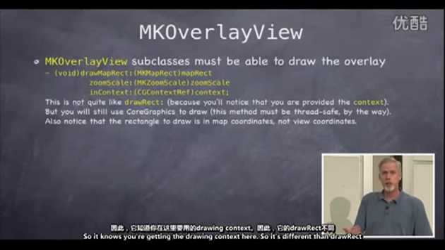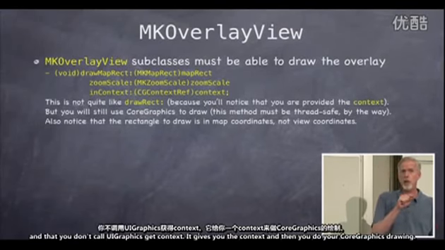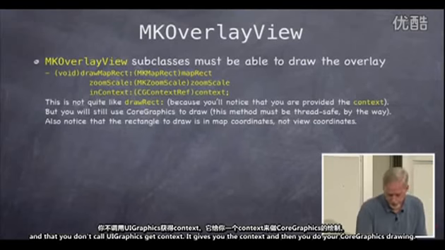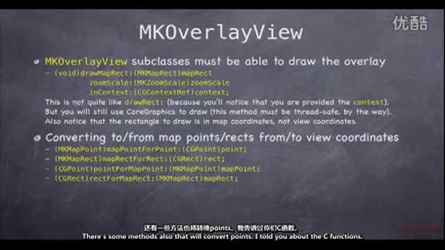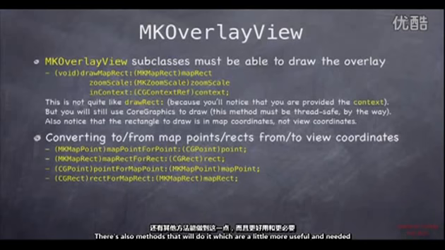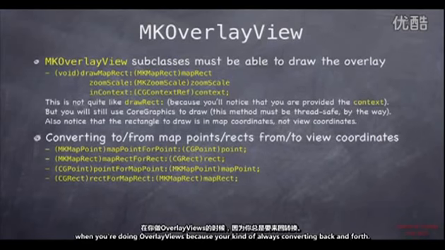It's different than drawRect in that you don't call UIGraphicsGetCurrentContext. It gives you the context. Then you do your Core Graphics drawing. There are also methods that will convert points. I told you about the C functions. There are also methods that do it, which are a little more useful and needed when you're doing overlay views because you're always converting back and forth.